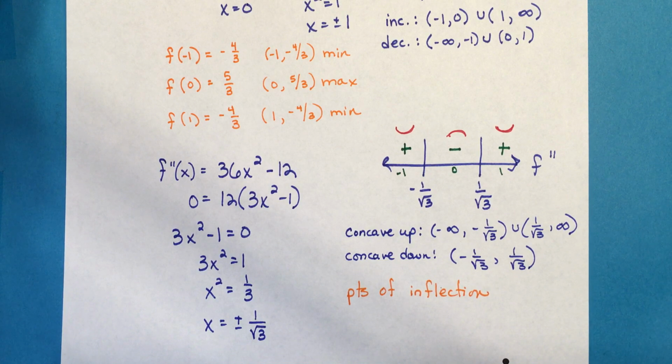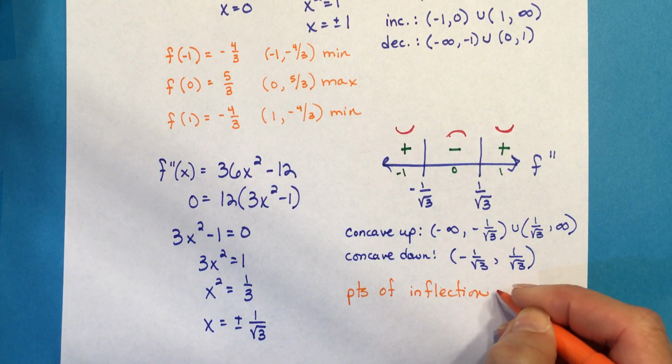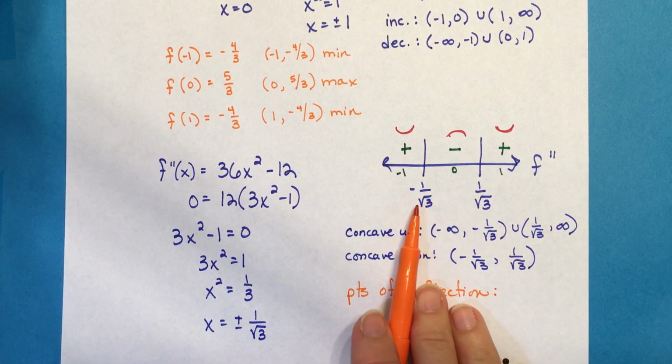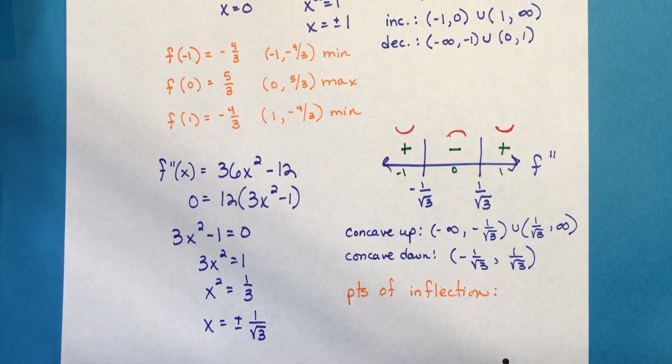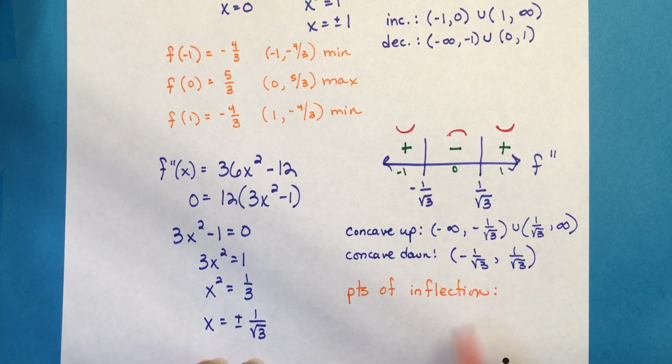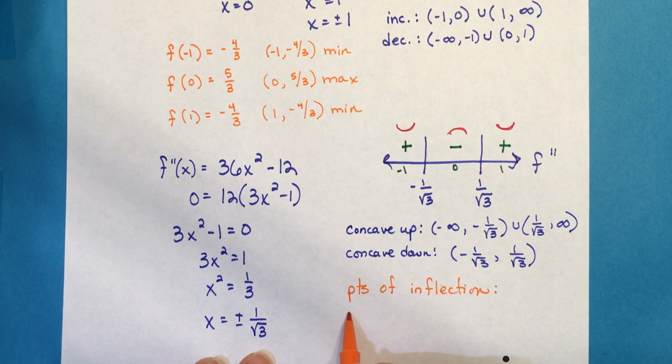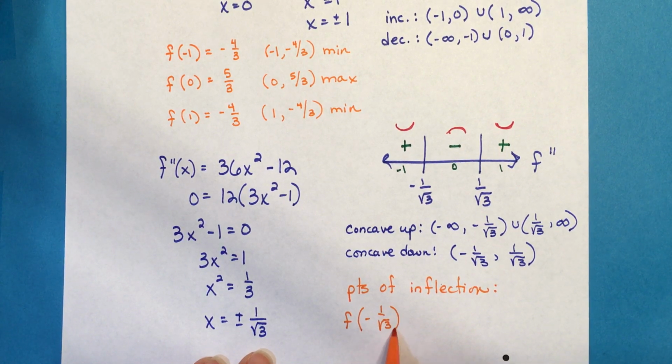Okay, so points of inflection, of course my concavity changes here and here. Now these are again actual points that you have on your graph, so you will need to substitute these values back into the original function. So you would substitute in, first of all, negative 1 over square root 3.